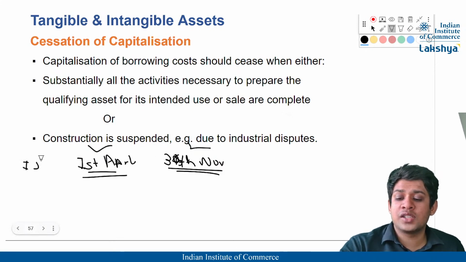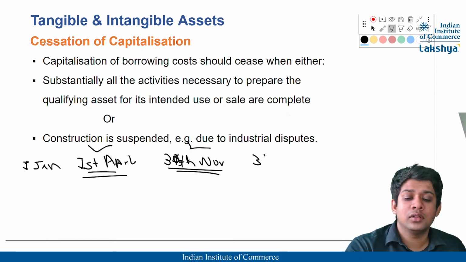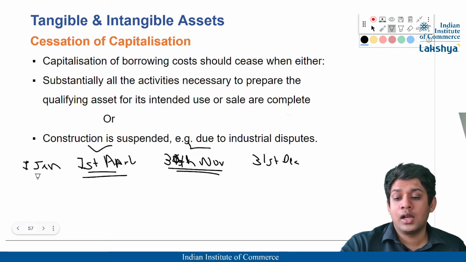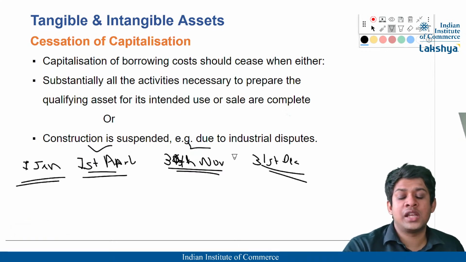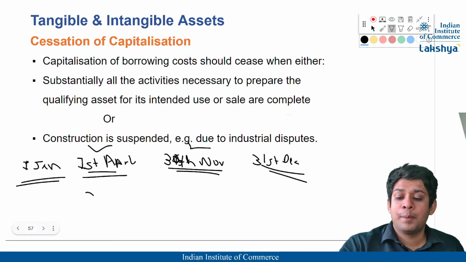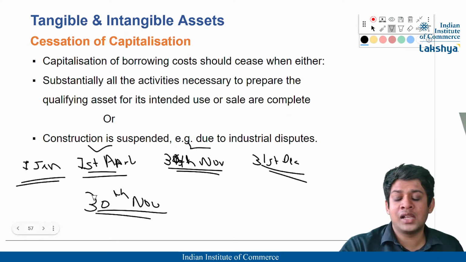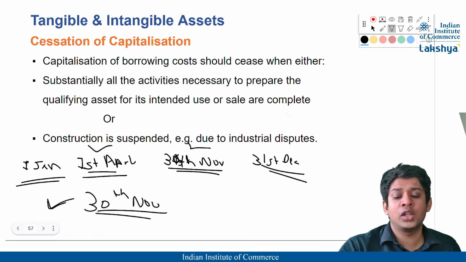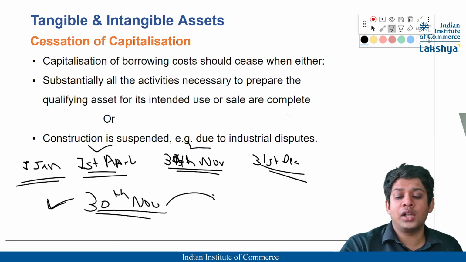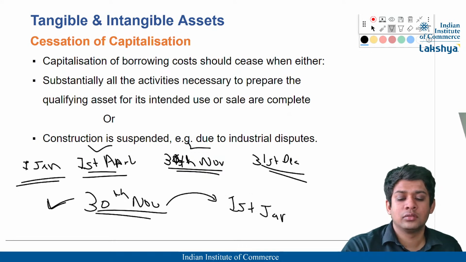I took a loan on 1st Jan and it was taken till 31st December. My asset's construction got completed on 30th November. I brought the asset into use on 1st Jan next year.